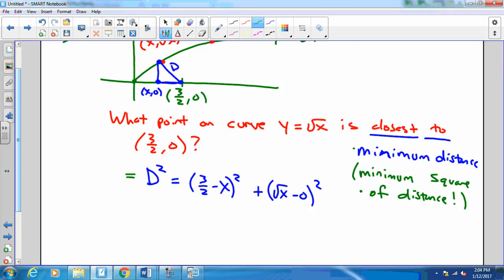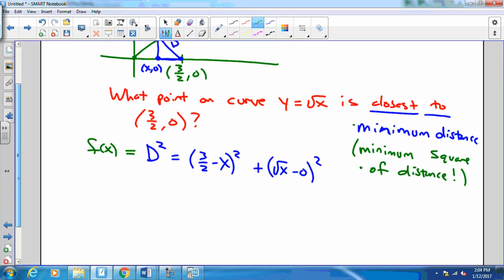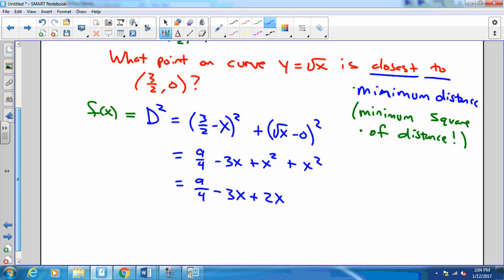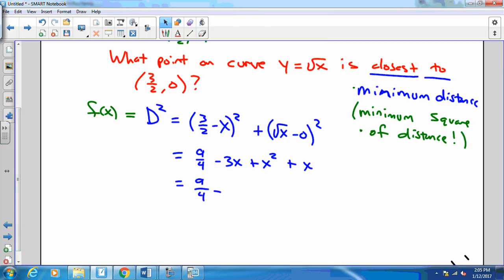So let's call this function f of x, the distance squared. And I agree with both Tony and Jason's suggestion, let's do a little bit of simplifying, because it sure looks to me like we could get a lot of leverage. Oh, you're right, this is x.